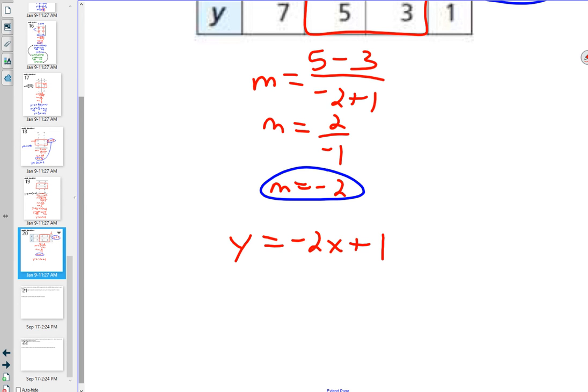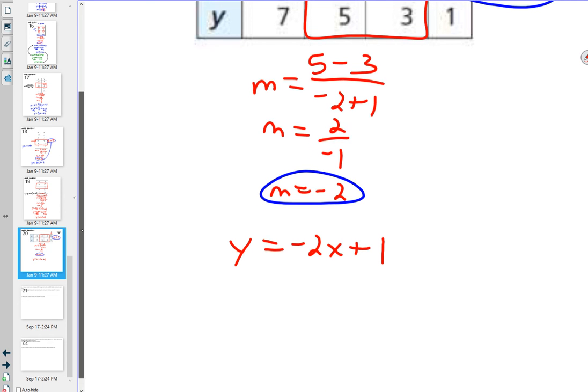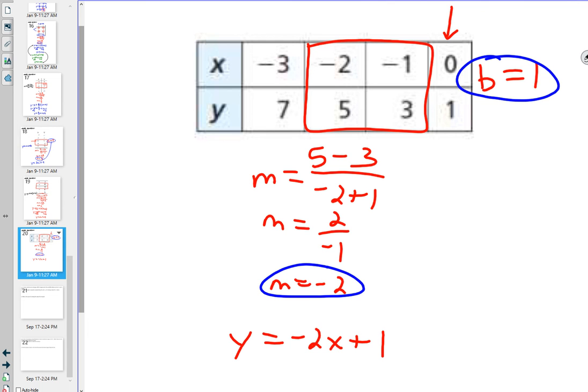Wait, but look, how about this, Mr. Romero? I did go through point slope and I got it wrong. Shouldn't I still be getting it right if I went through point slope? Well, let's see. Let's pretend that they hadn't given you the y-intercept. Give me a different point, Trayshawn. Negative 3, 7. So let's use that.